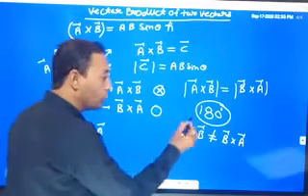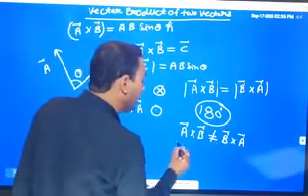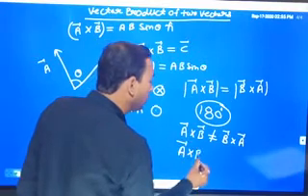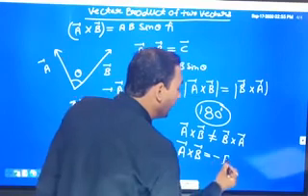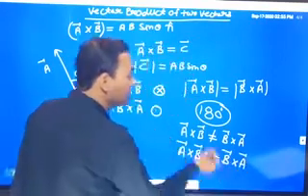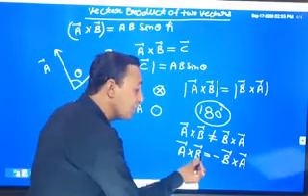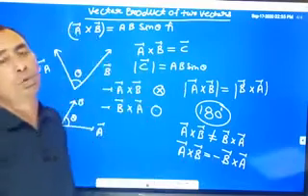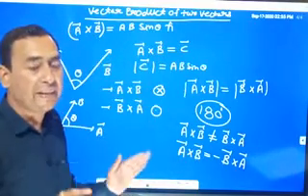A vector cross B vector is not equal to B vector cross A vector, but A vector cross B vector is equal to minus B vector cross A vector. This minus sign shows that the direction of A vector cross B vector is opposite to direction of B vector cross A vector. Both have 180 degree angle.